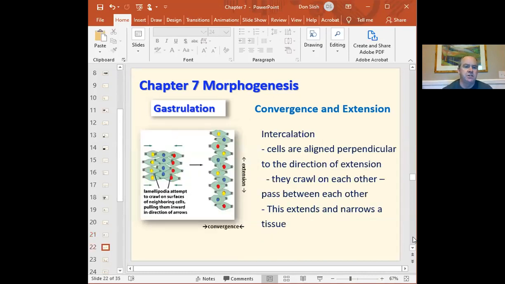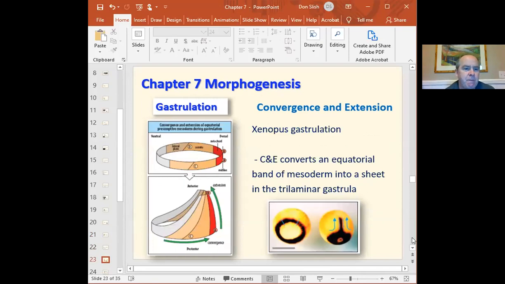All right, so here's intercalation. Slide 22, you can see you've got this fat tissue, short fat tissue, and the cells intercalate and they converge and they extend. Convergence and extension. Okay, and so here we are back again at this slide where you can see all these cells are being sucked up through that little hole and they're making a sheet.